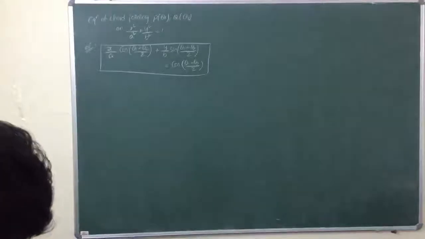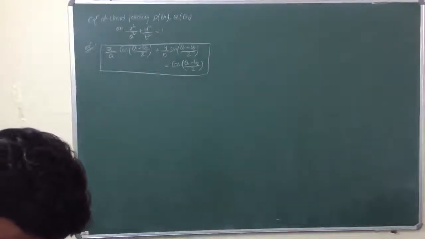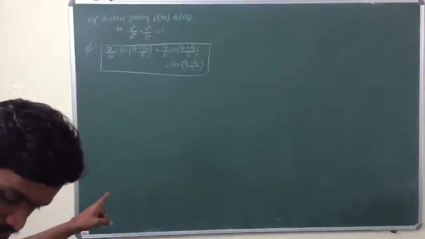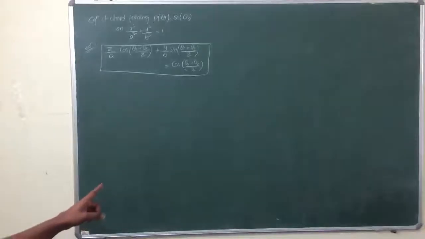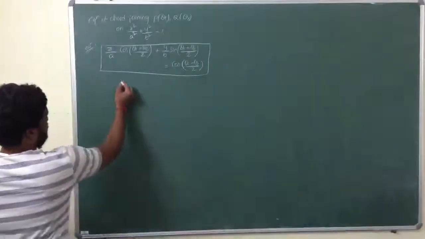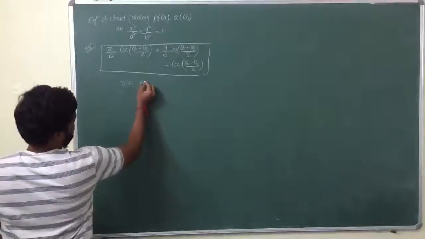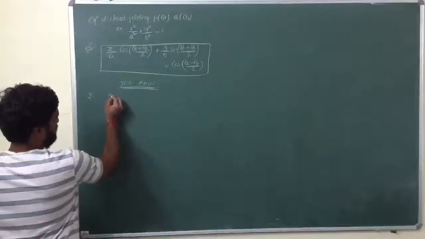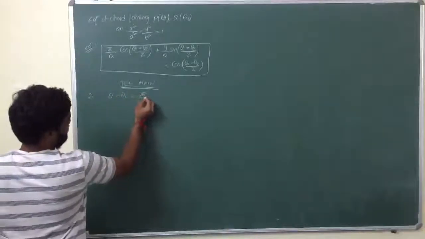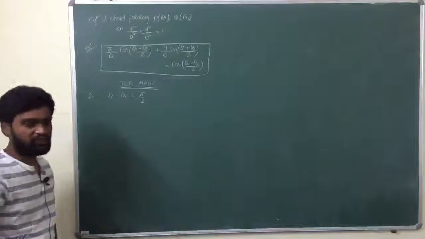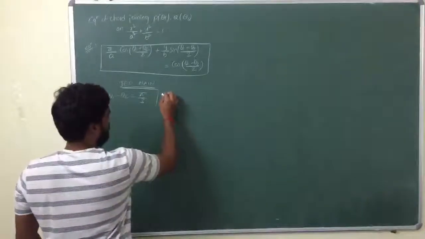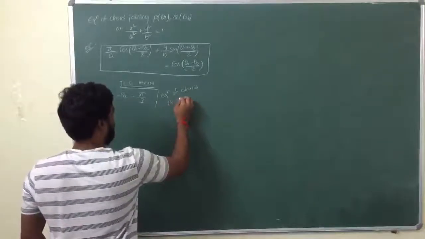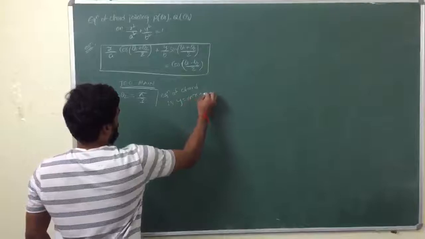Then my second question, adigaru, JEE main section lo second question adigavanna, use this formula. Theta 1 minus theta 2 is given as pi by 3, and equation of chord is given as y is equal to mx plus c.